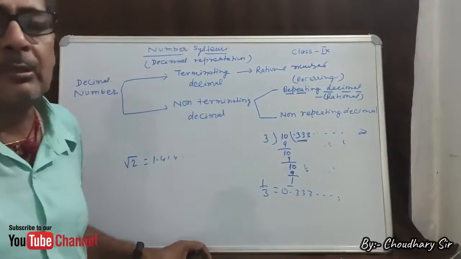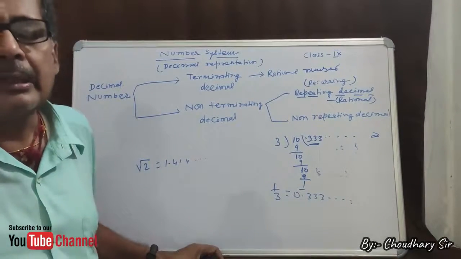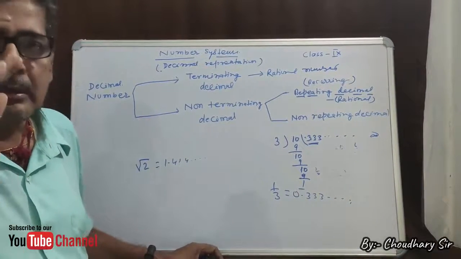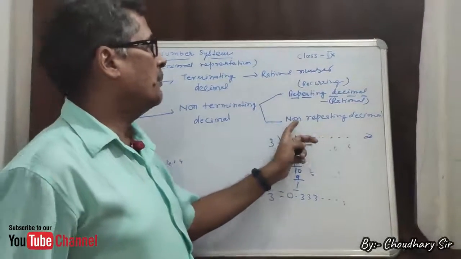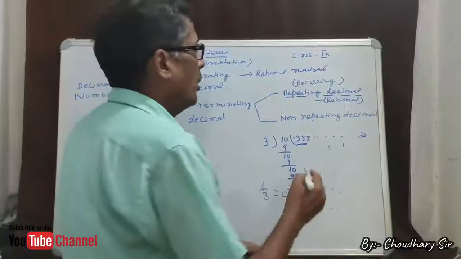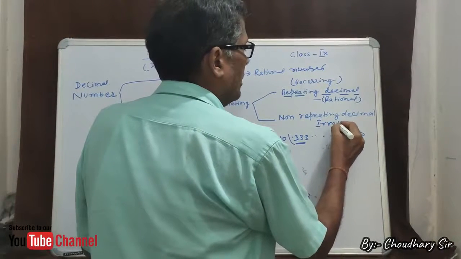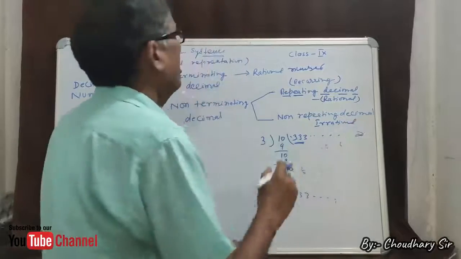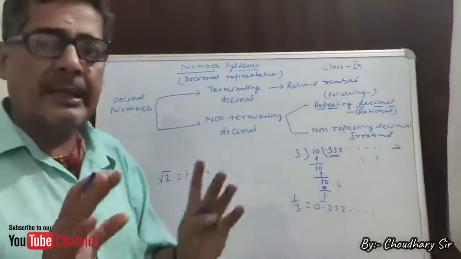So recurring number means what? A non-terminating but repeating number is called a recurring number. And non-terminating but not repeating is called an irrational number. So any number can be divided into two parts, rational and irrational.